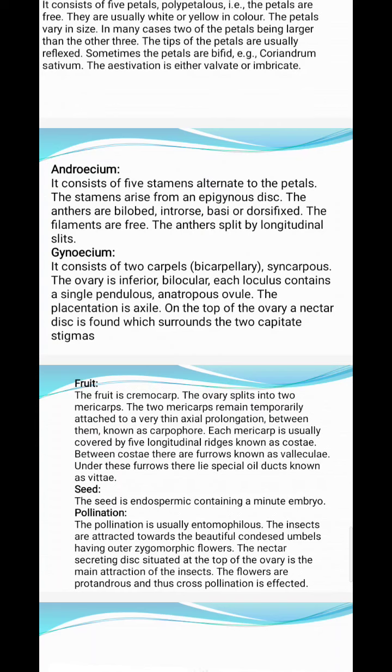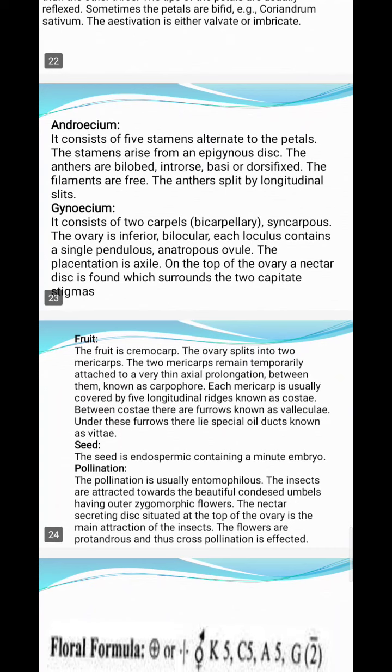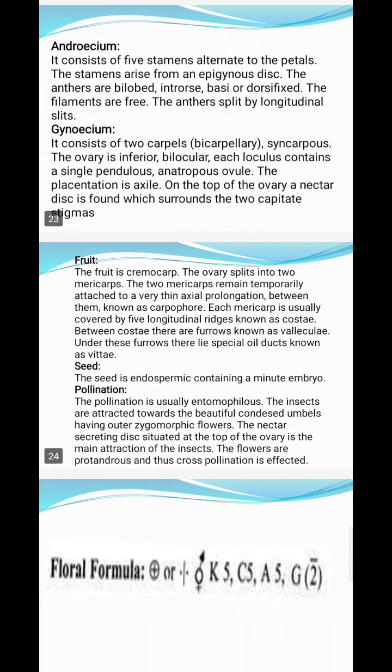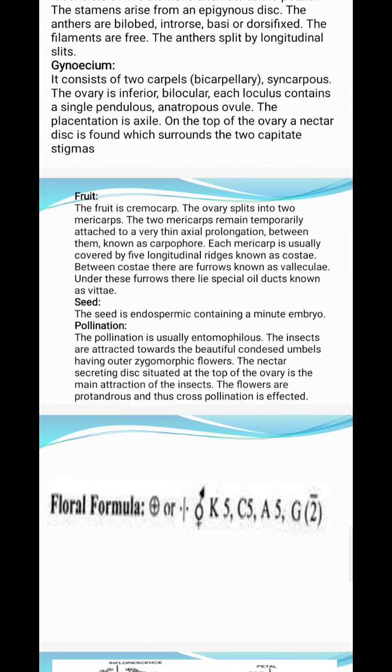The ovary is inferior, bilocular, each locule contains a single pendulous anatropous ovule. This shows mostly axile placentation. Fruit is a cremocarp, that means the ovary splits into 2 mericarps. Then the seeds are endospermic, containing a very minute embryo.